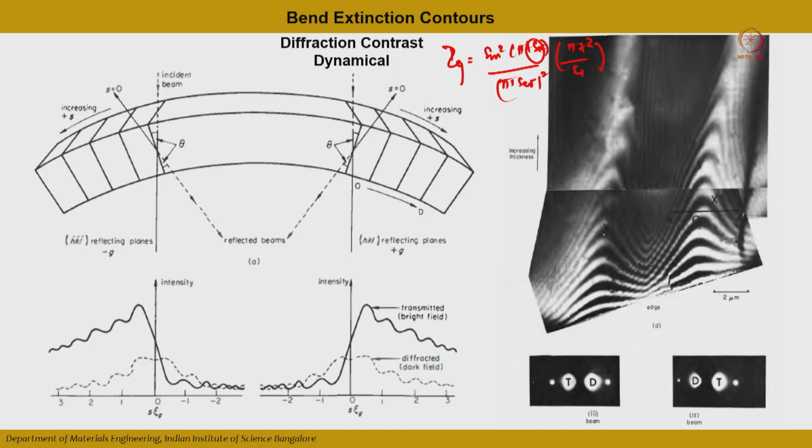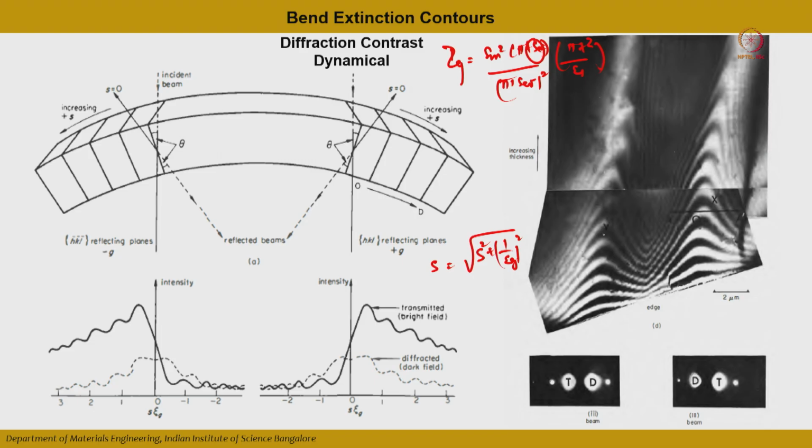Okay. This S effective is also given by S effective equals root of S square plus 1 by psi g square, correct.